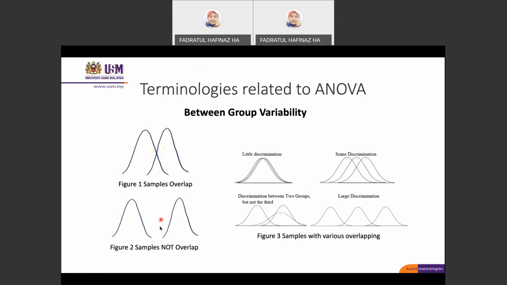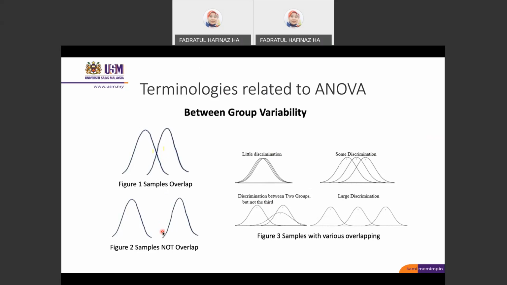Now consider figure number 2. What is the difference between figure 1 and figure 2? In figure 2, the samples do not overlap. As the samples differ from each other by a big margin, the individual means would also differ.